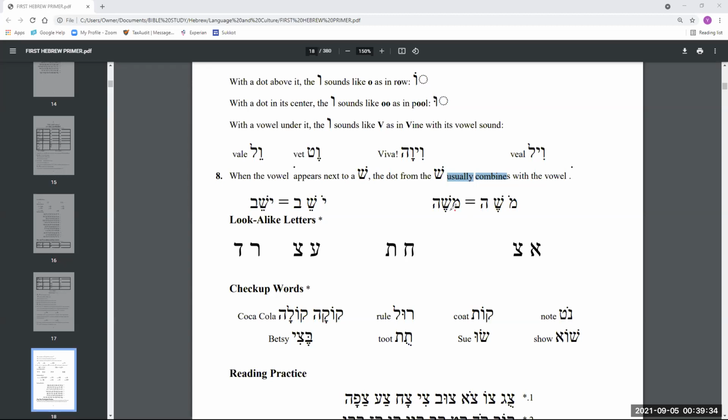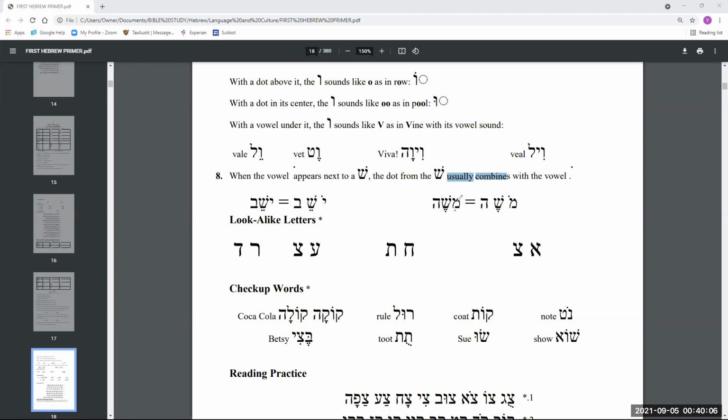Since it already has a vowel, right? Because the rule is consonant, vowel, consonant, vowel. What they're saying special about this rule here is if this consonant doesn't have a vowel under it, it takes on the next vowel, which in the shin example here, is the cholam sound from the shin. But if it has its own vowel point, then it's going to be the vowel point that's attached to it. I hope that makes sense.